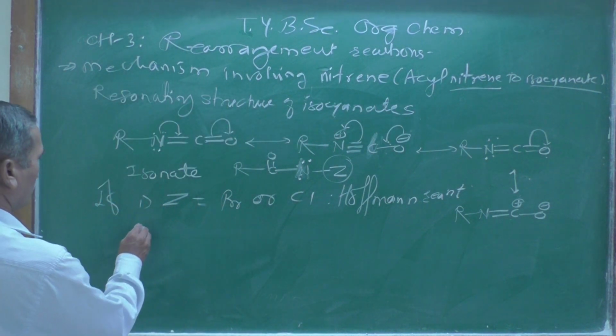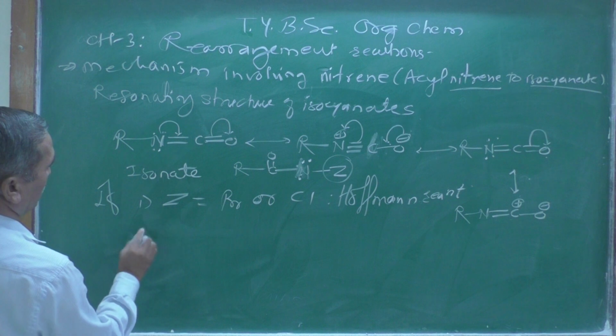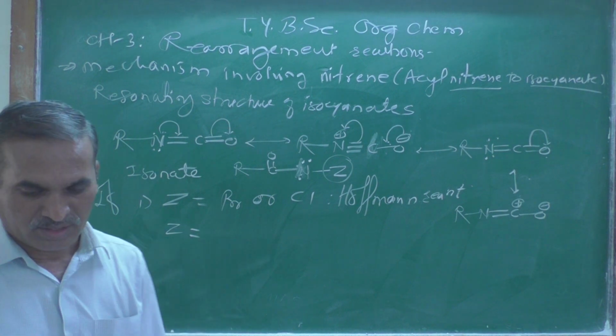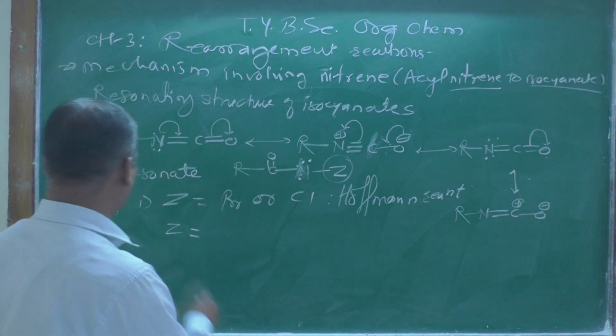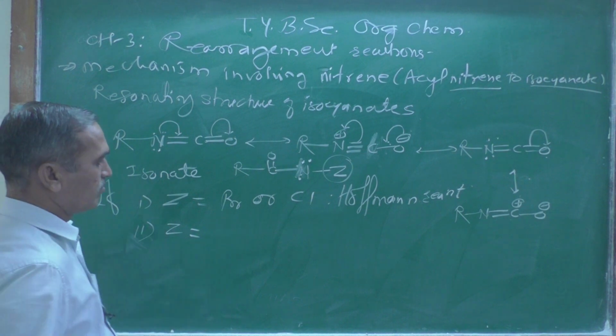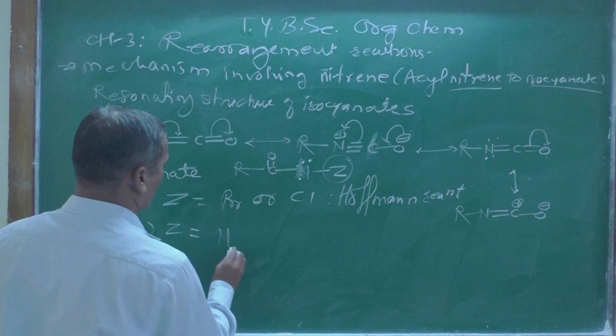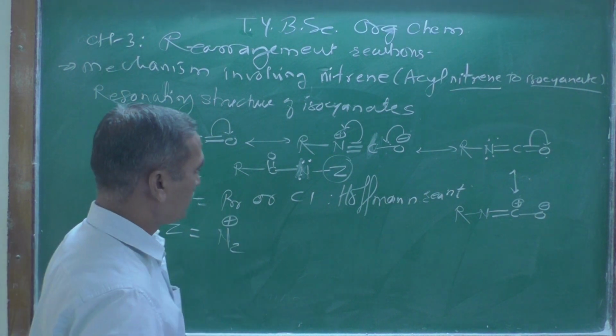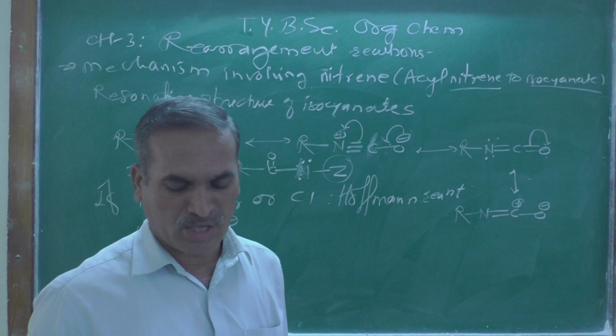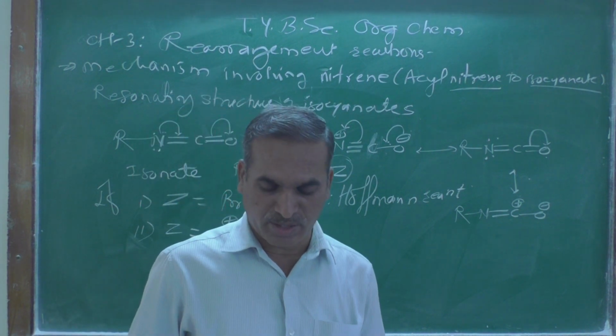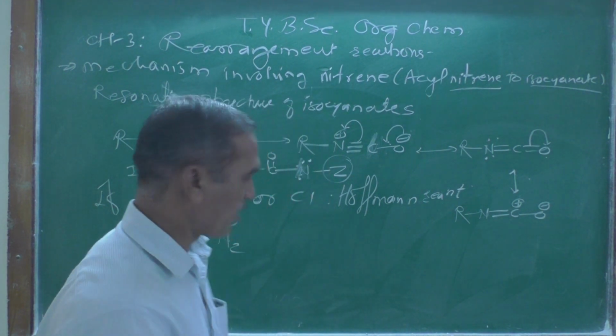Now suppose the second one, if Z is equal to N2 plus, then this reaction is known as a Curtius rearrangement or the Schmidt rearrangement.